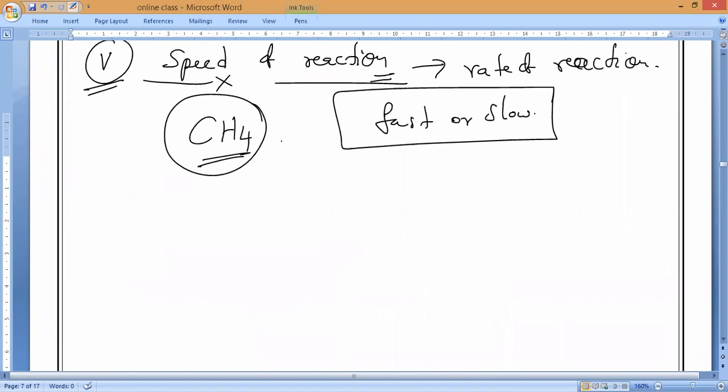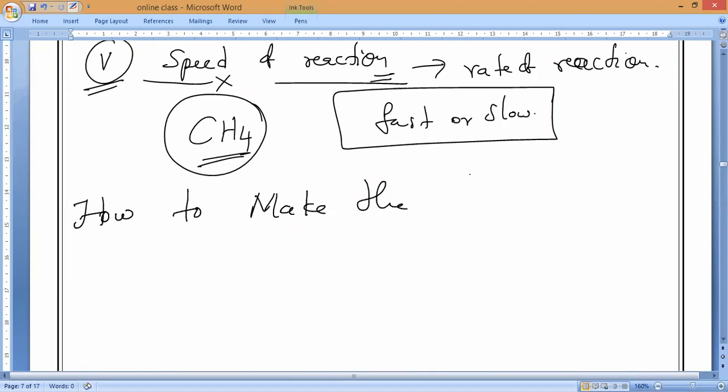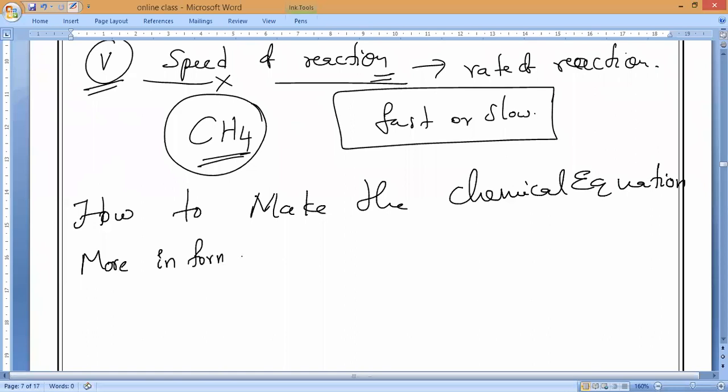So the next concept we will study is how to make the chemical equation more informative, to rectify the problems.